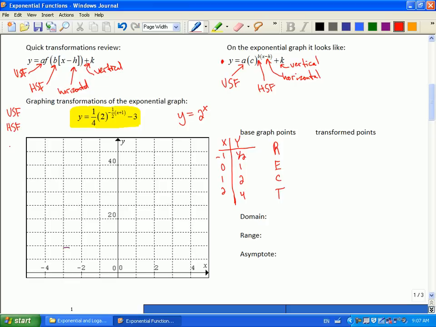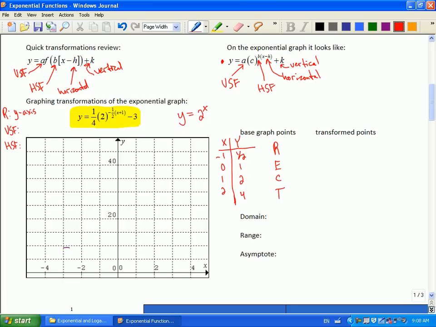Oops, sorry, I forgot reflections. Is there a reflection in this graph? Which axis does it reflect on? Y-axis, good. Is there a vertical stretch factor?